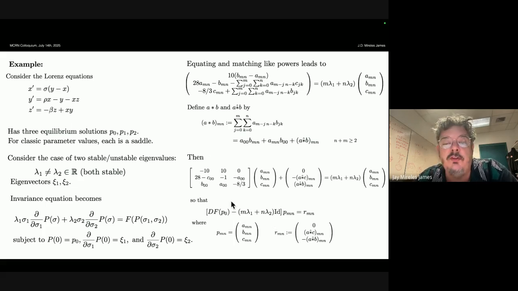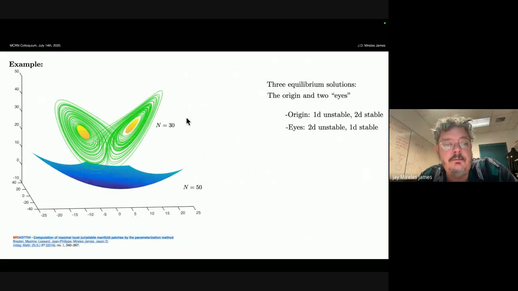But as long as the answer is no, then we can solve these to all orders once again. So here's a couple of pictures of the 2D manifolds at the equilibria, and the local 2D manifold at the origin in the Lorenz system. This picture is taken from a paper that Maxime Breden, Jean-Philippe Lessard and I wrote a number of years ago.